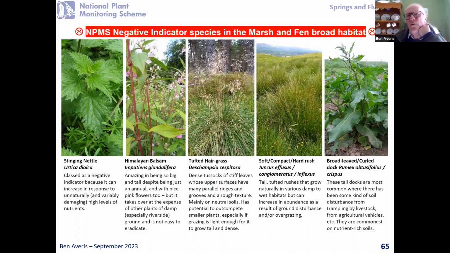It likes neutral to acidic or even base-rich conditions, like springs and flushes well up in the hills. That's kind of negative, but it doesn't really do serious damage. But some of these NPMS negative indicators just don't apply when you're high up in the hills.